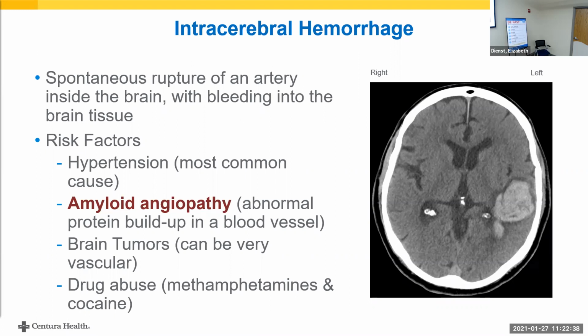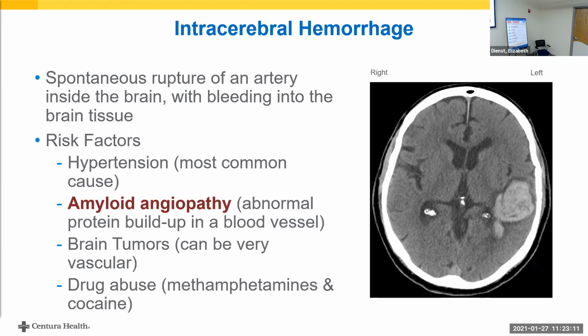The most common cause is high blood pressure, and high blood pressure is a silent killer. We have people who walk around with high blood pressure and they don't know until something bad happens, like a rupture of an artery in your brain, or they start having neurologic changes and we find out that it's hypertensive related. The other cause is amyloid angiopathy, which is an abnormal protein buildup that we usually see in the elderly. We generally don't see that in young patients, but we can see it very well from a CTA.